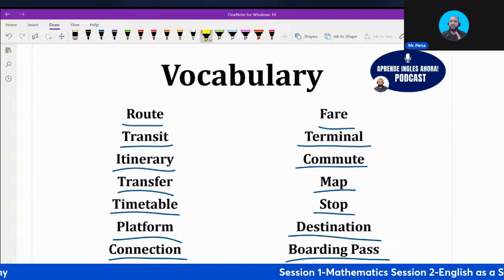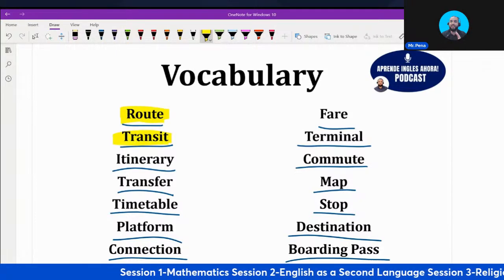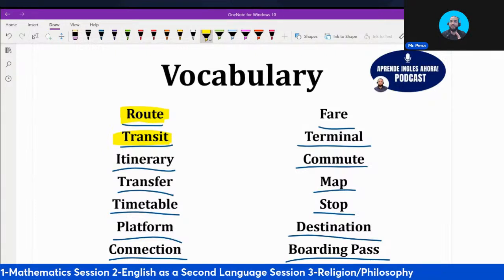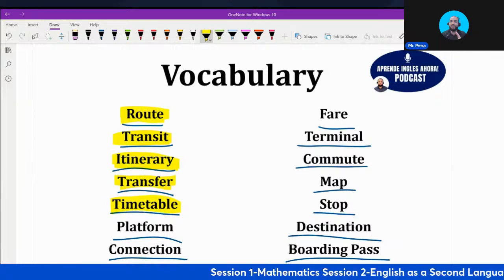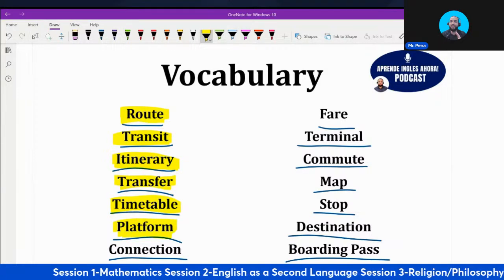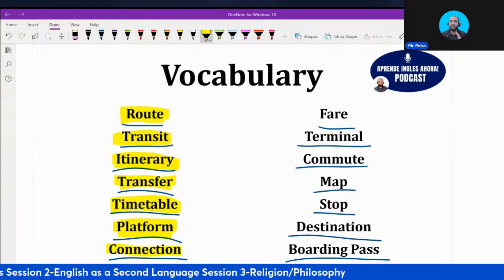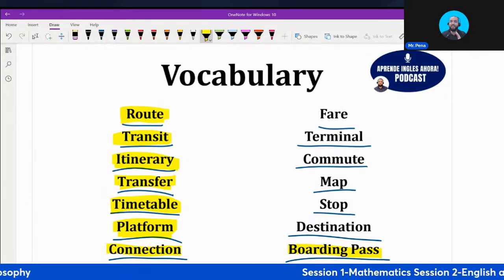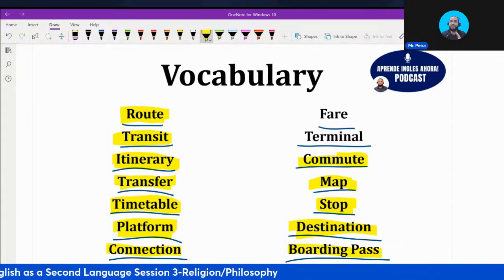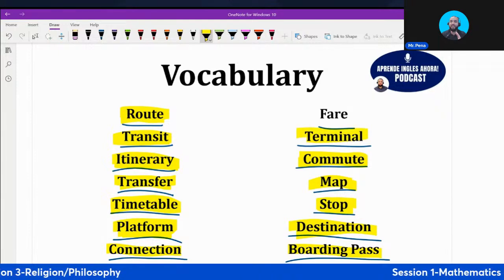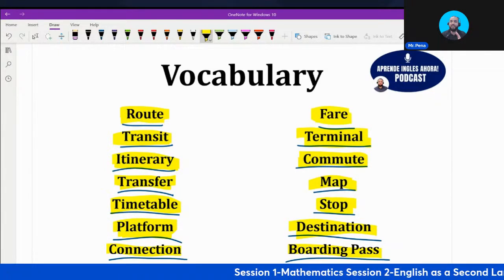I want you to repeat after me. Route, transit, itinerary, transfer, timetable, platform, connection, boarding pass, destination, stop, map, commute, terminal, and fare.